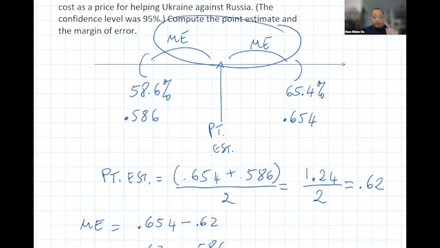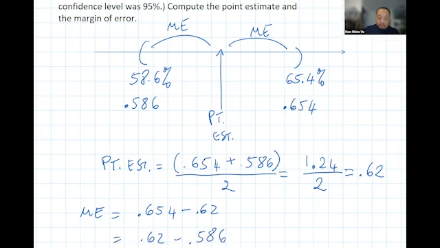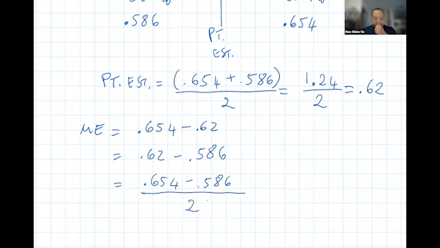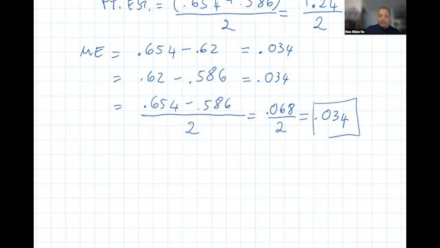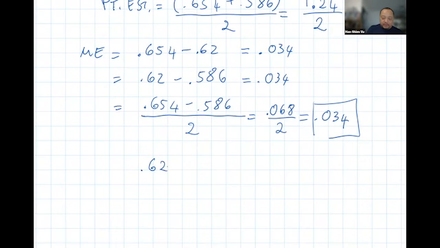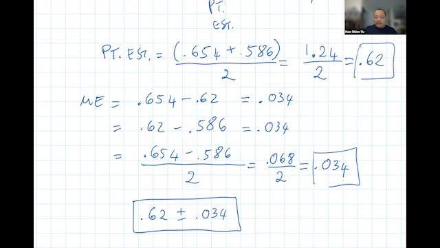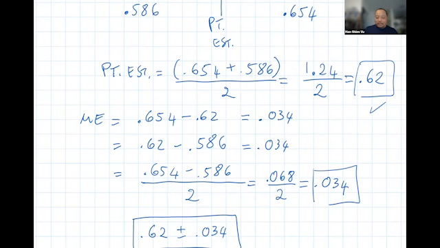So I need to divide by 2 to get to 1 margin of error. Either way, I get 0.034. Point estimate is 0.62. Margin of error is 0.034. I put it together, I get 0.62 plus or minus 0.034. But actually, the question didn't ask for that. The question asked for the point estimate and the margin of error.